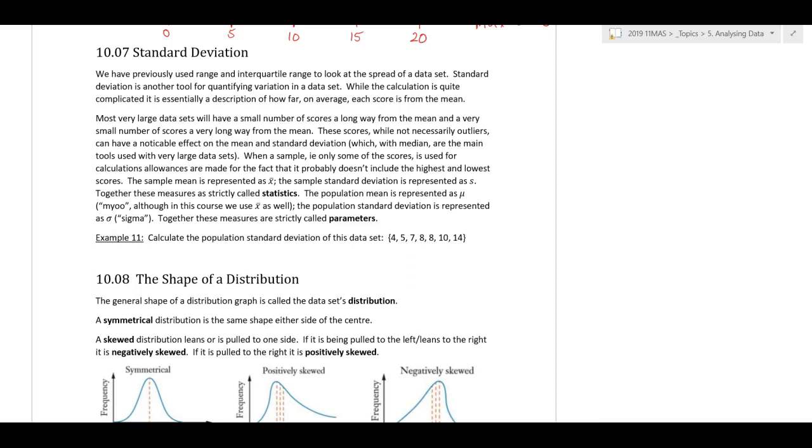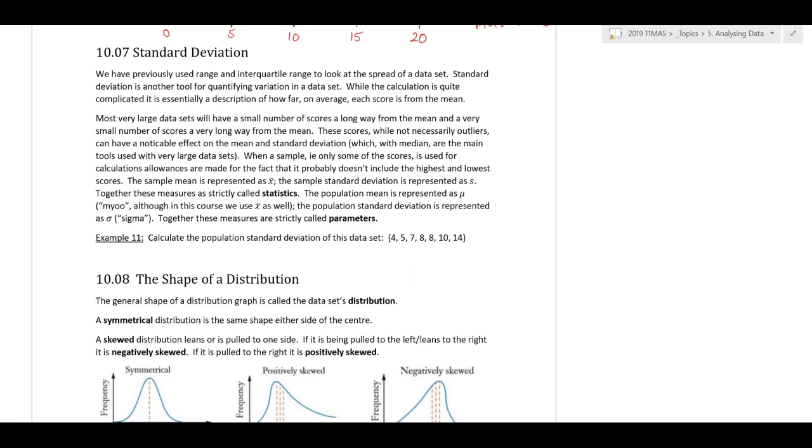So when I am calculating the standard deviation of a sample, I use a slightly different formula to calculating the standard deviation of the population, because I've got to consider that I might have missed a small number of very small and very large scores. So we have a different calculation. Don't worry about it, it's not difficult to work out, but you do need to understand that there's a difference between the standard deviation calculation for a population compared to the standard deviation calculation for a sample.